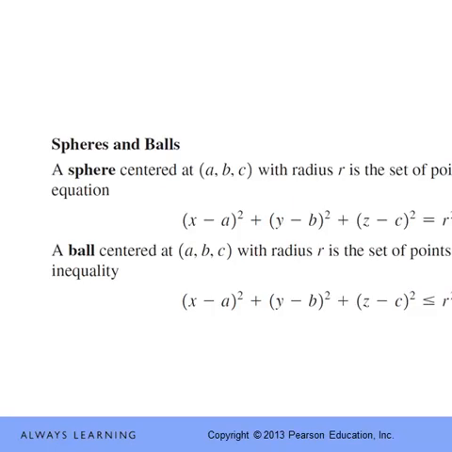By the way, we can talk about spheres now. A sphere is a 3-dimensional surface, the collection of all the points in 3 dimensions that are a fixed distance away from a point. Suppose we've got some point in space with the center at coordinates A, B, and C, meaning the x coordinate is A, the y coordinate is B, the z coordinate is C. Then we want to talk about the collection of points that are distance r away in 3 dimensions from that center.